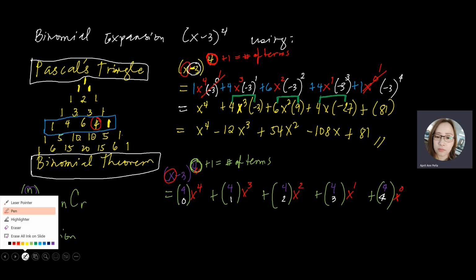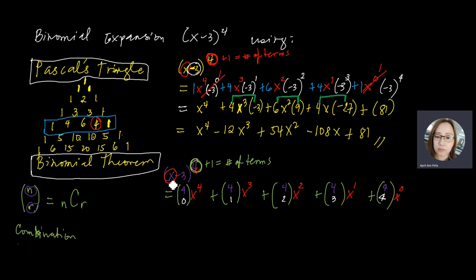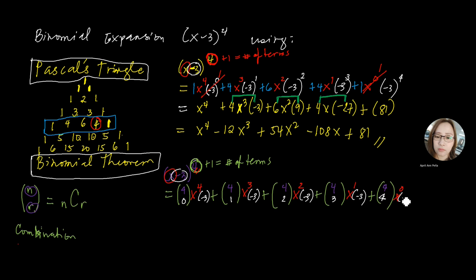And then you copy the second term, which is negative 3. Do not forget to put in open and close parentheses. Like that. And then the exponent of negative 3, you start with the lowest, which is 0. Then, of course, increasing.